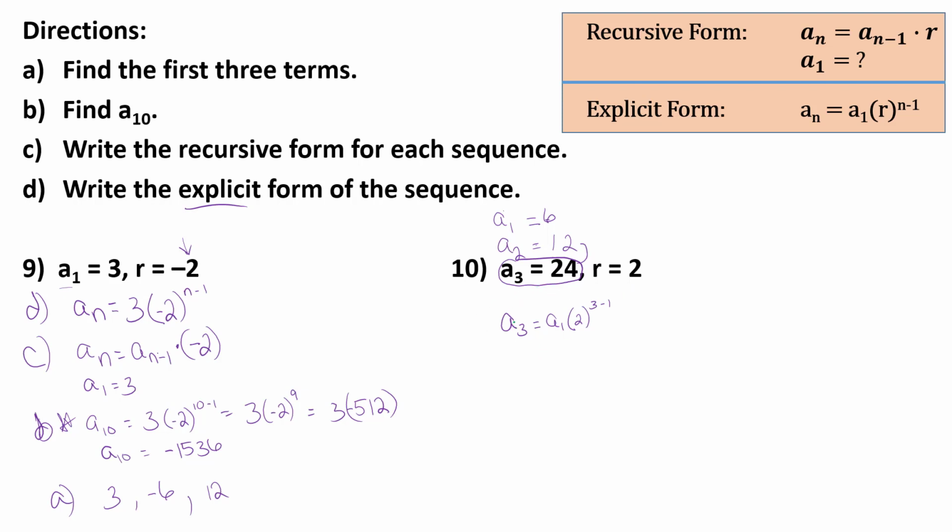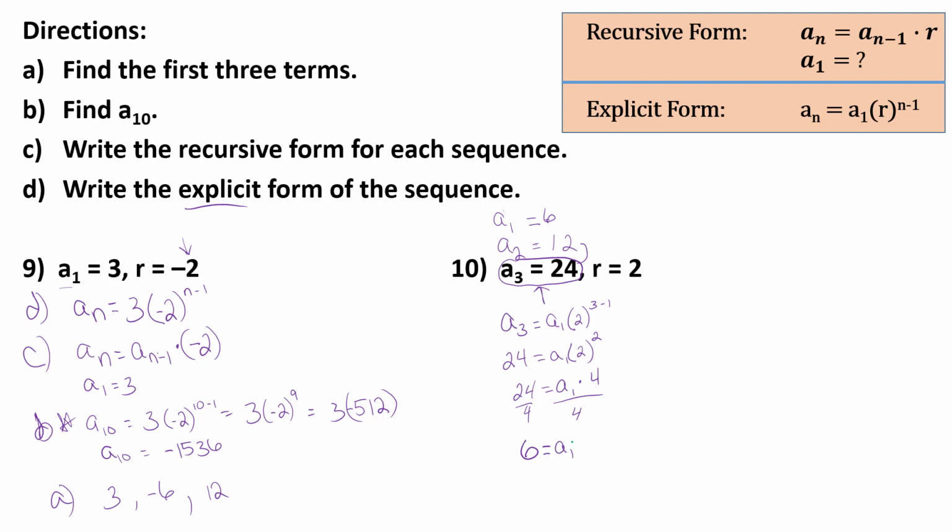I'm going to substitute for a sub 3 because we know its value. I'm also going to simplify 3 minus 1. And hopefully you're seeing, hey, you can square 2. So 24 is equal to a sub 1 times 4, at which point we can divide by 4. And we get that 6 is equal to a sub 1.